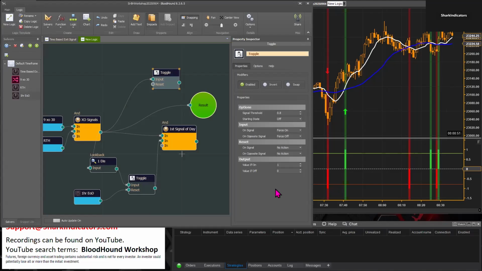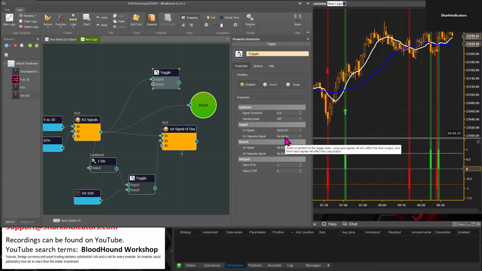Another example might be that sometimes you'll want the toggle node turned on when a signal comes in, but you may not want to turn the toggle node off based on the opposite signal.